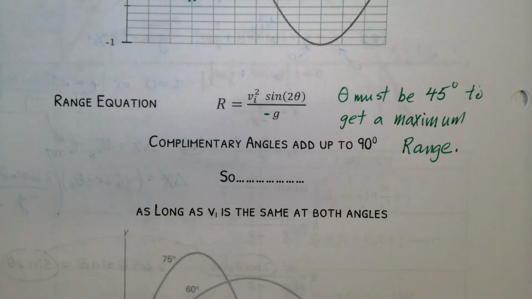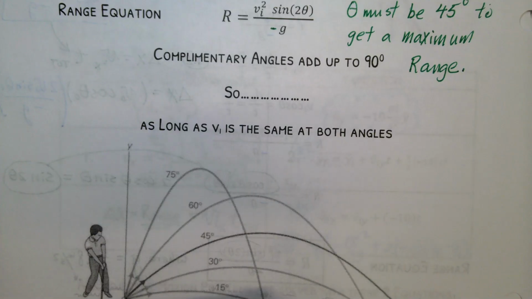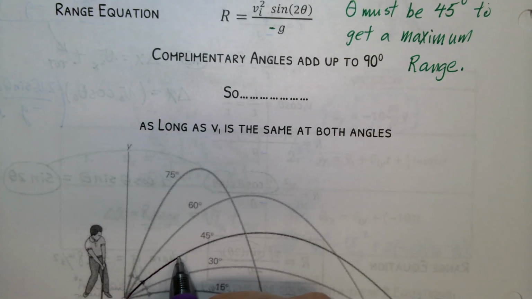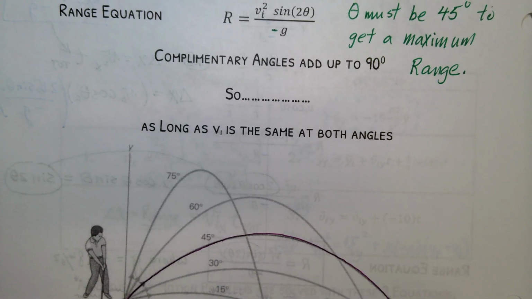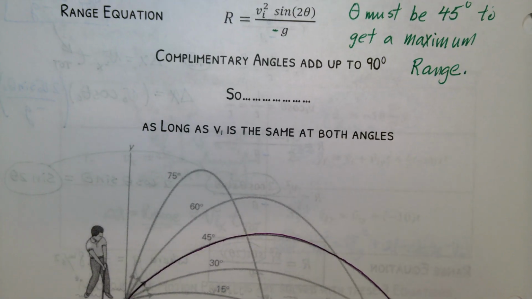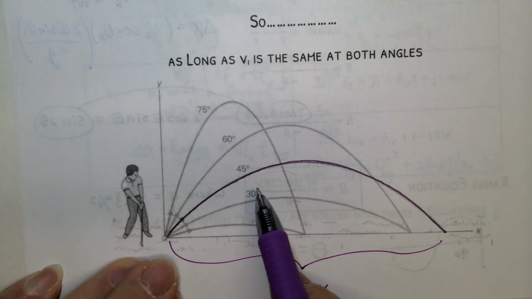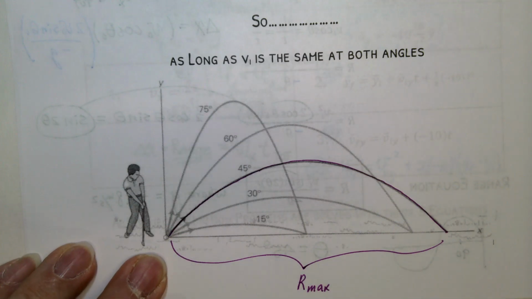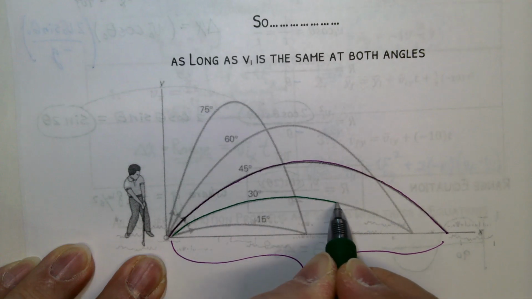Okay, so the 45 degree will give you the maximum range, which is this right here, right? So this is 45 degrees. That will be the maximum range, right? Anything less than 45 degrees will not go as far, actually, right?